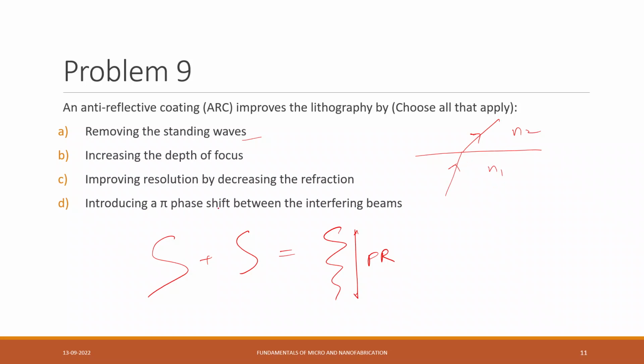Introducing a pi phase shift: this pi phase shift is introduced, and that helps in having a destructive interference such that we get a clean profile on the photoresist. That is the reason the standing waves are removed. So the correct options are A and D.